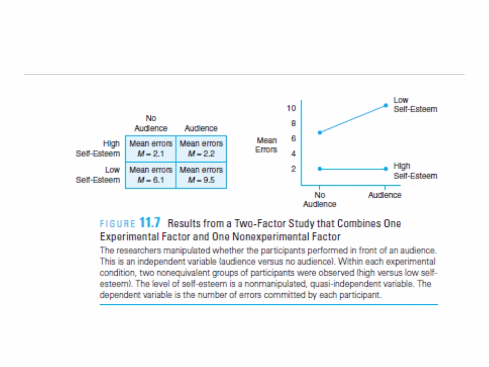Another one from your book, we're looking at researchers manipulating whether participants performed in front of an audience. That's going to be our experimental factor. Audience is going to be our experimental factor. We can randomly assign participants to either be in the audience group or the non-audience group.